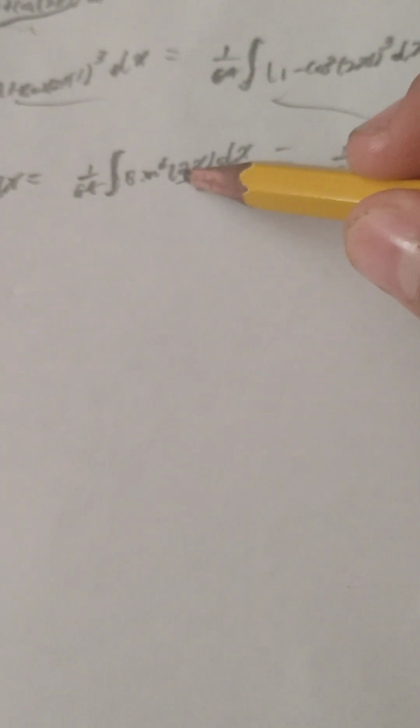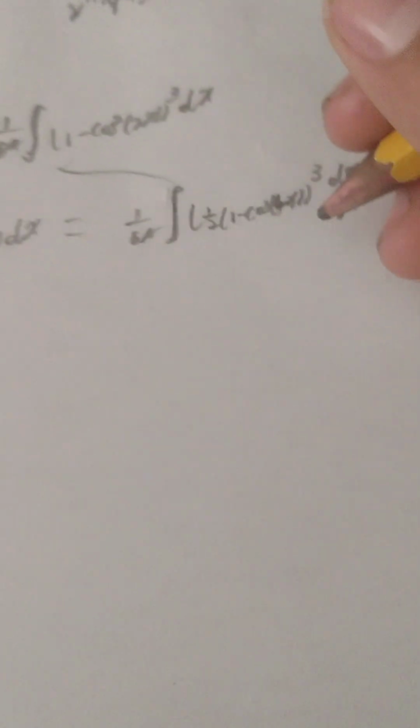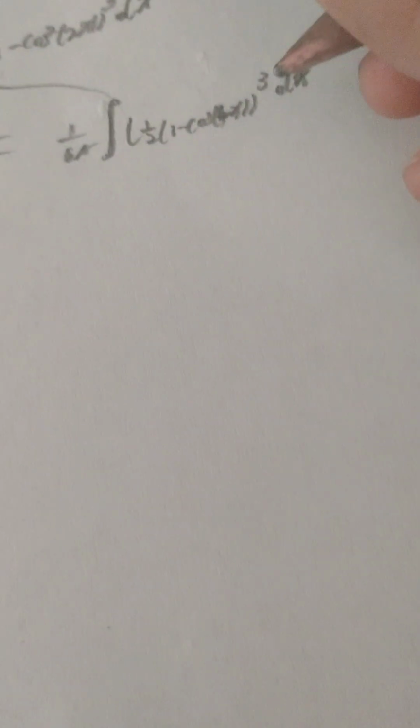Next, this is 4x, because we substitute x for 2x; since this was cosine 2x, this is cosine 4x. So 1/2 cubed is 1/8, so 1/64 becomes 1/512, because we can bring that fraction to the outside. 1 minus cos 4x cubed.